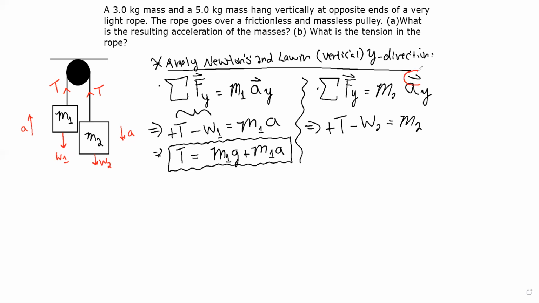This notation means take into account your sign or your direction, your vector. Mass 2 has a negative acceleration. Good, so this becomes tension equals, add W2 to the other side, M2G minus M2A.